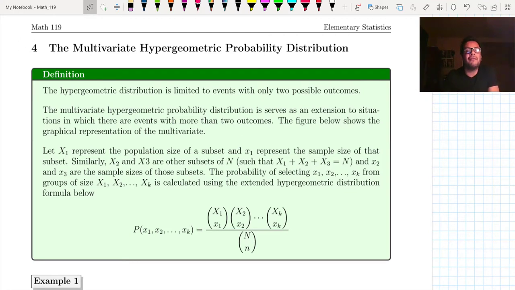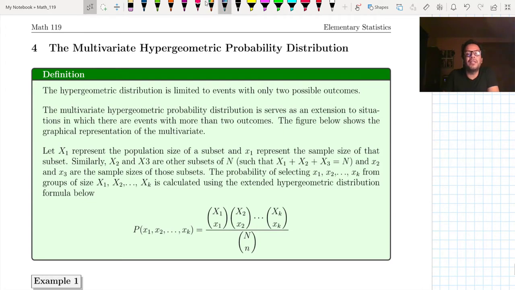The previous one was limited to events in which there were only two possible outcomes. In this case, we are going to have more than two possible outcomes, more samples to choose from. Okay, the formula is right here.